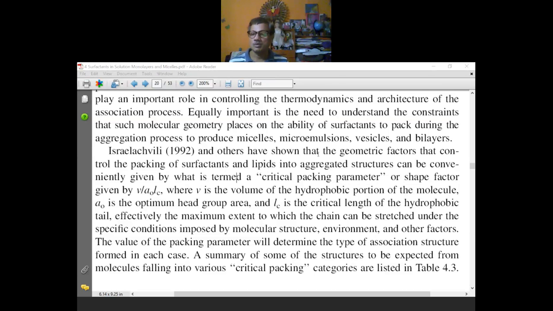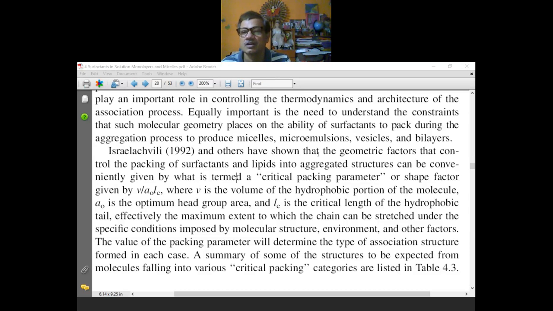Now, let me discuss one thing where we ended up yesterday. Last day, we ended with the critical packing parameter or geometric factor.